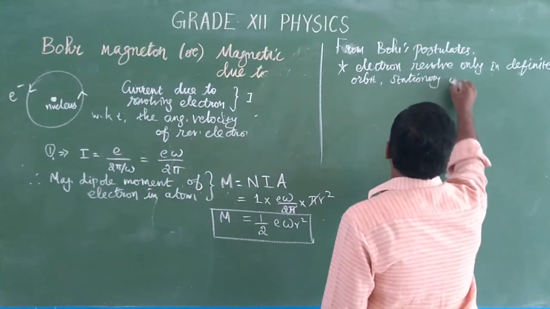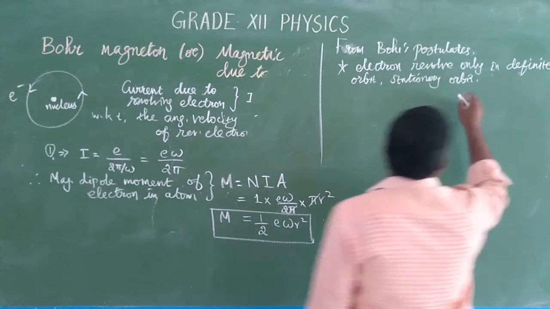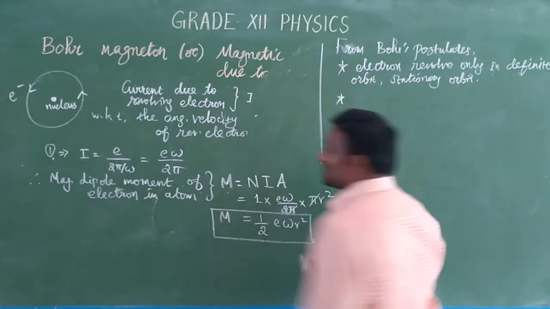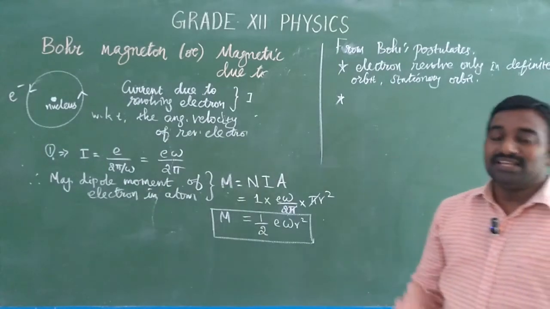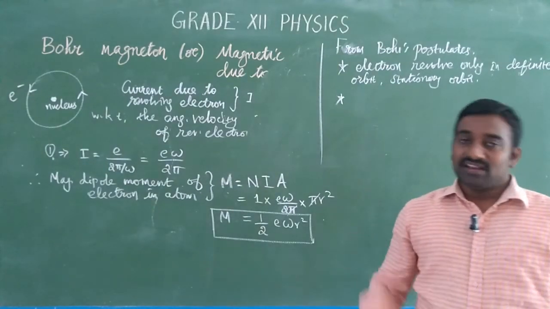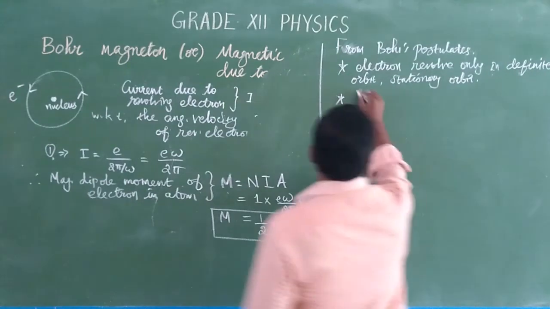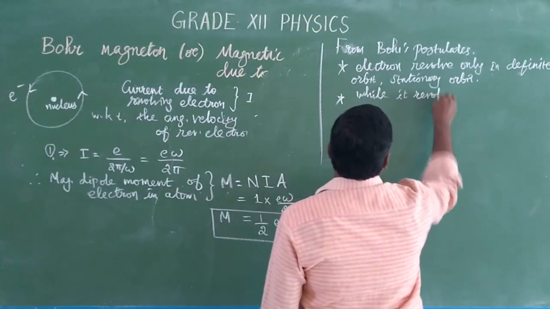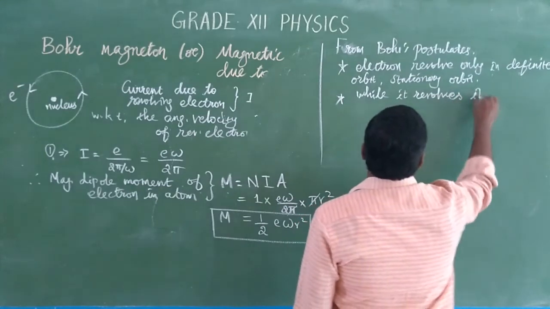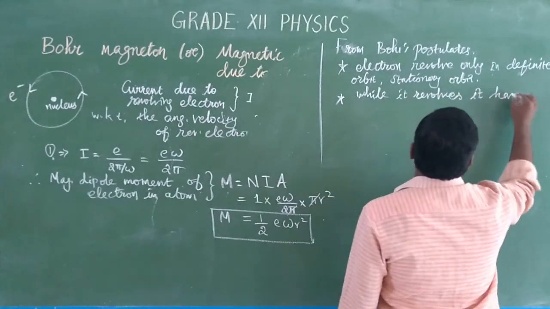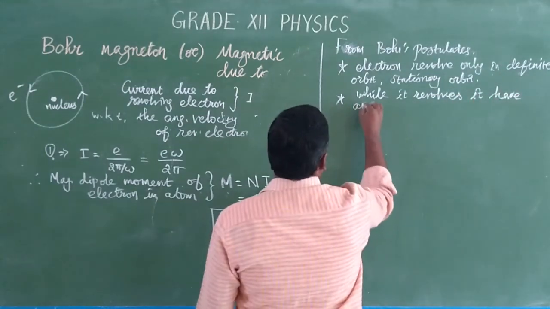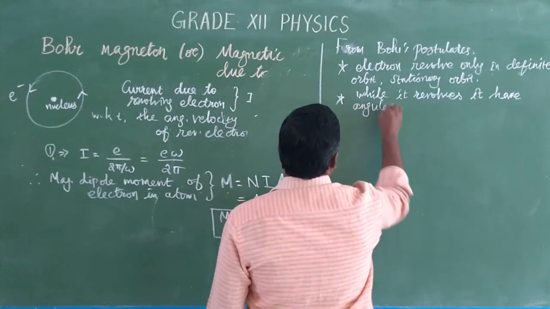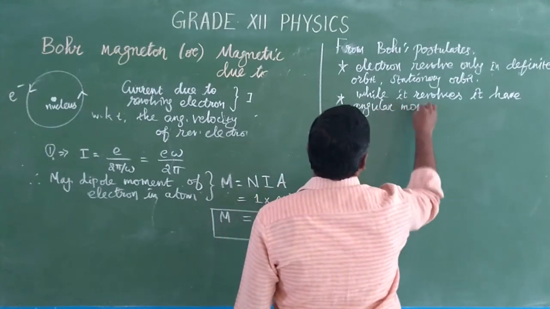So this is called a stationary orbit, and from this, when electrons revolve around the nucleus, they have a definite angular momentum. So while it revolves, it has definite angular momentum. What is the angular momentum of an electron?